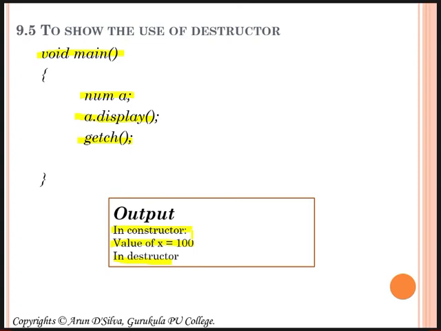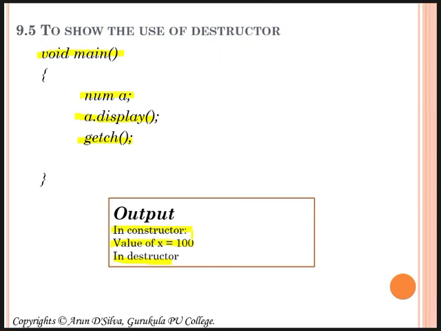One more point to keep in mind: a destructor can be defined only if that class has a constructor. Without a constructor, you cannot have a destructor. A class can be defined with only a constructor, but a class cannot be defined with only a destructor.